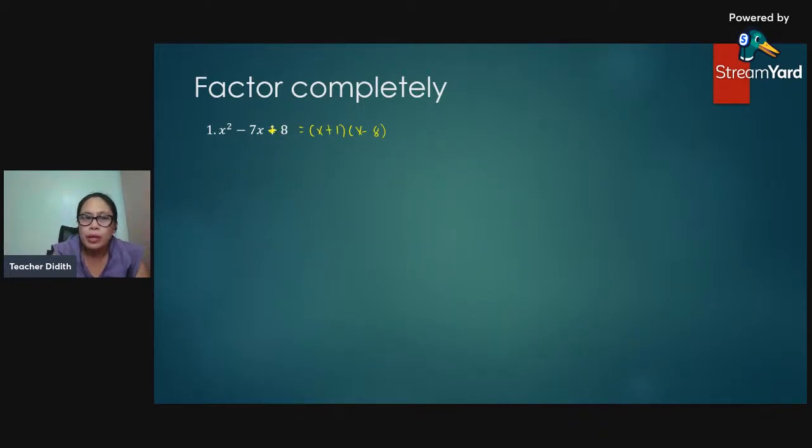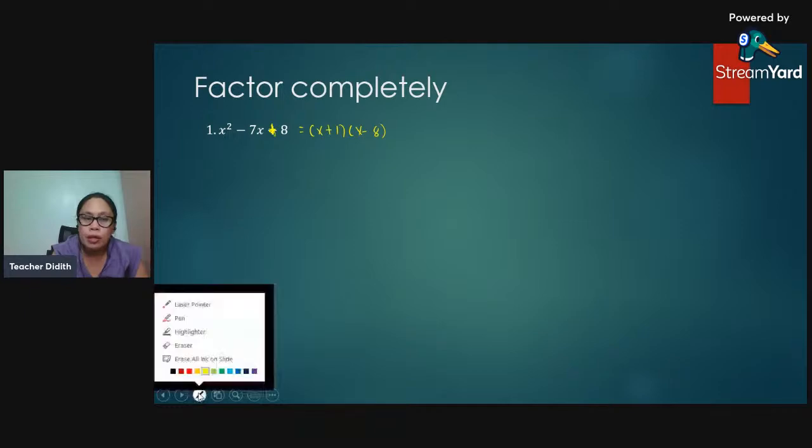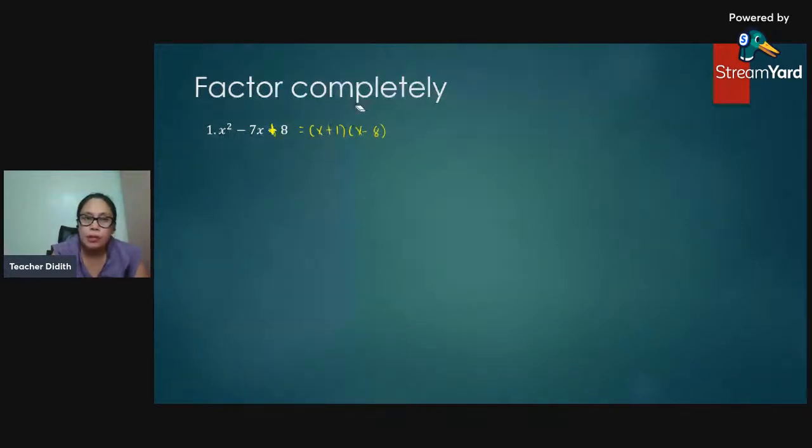Okay. Wait. If this is plus, is that your factors? Wait lang, ha. I intended to give x squared minus 7x minus 8. But let's check. I'll erase this one first. X plus 1, x minus 8, no?